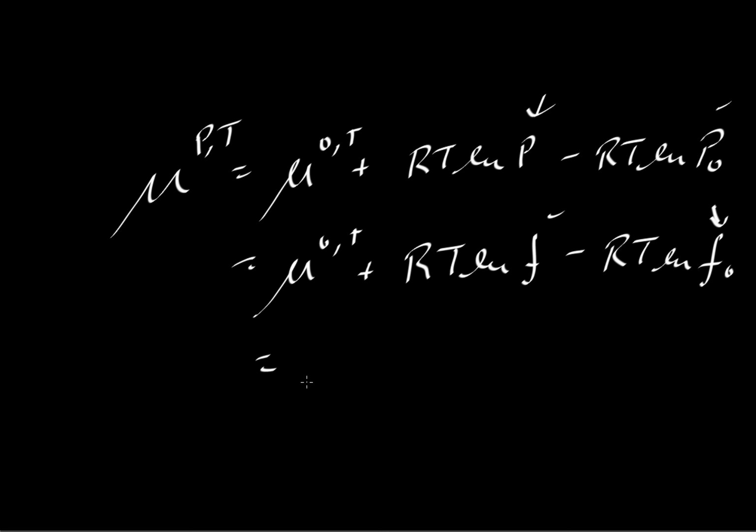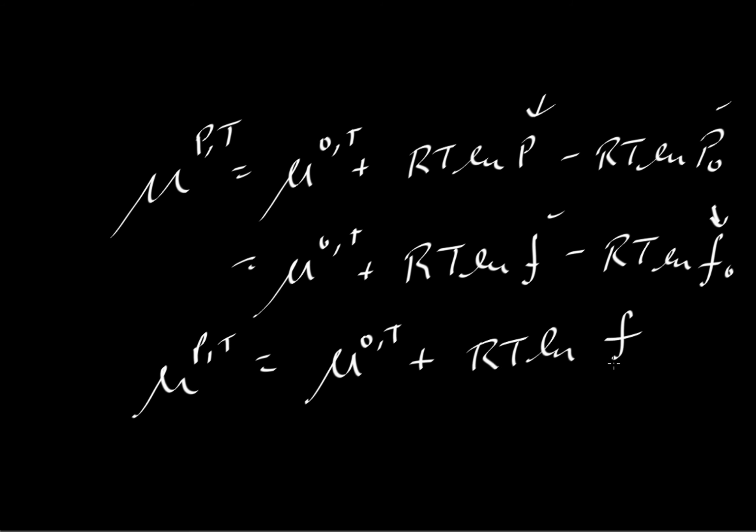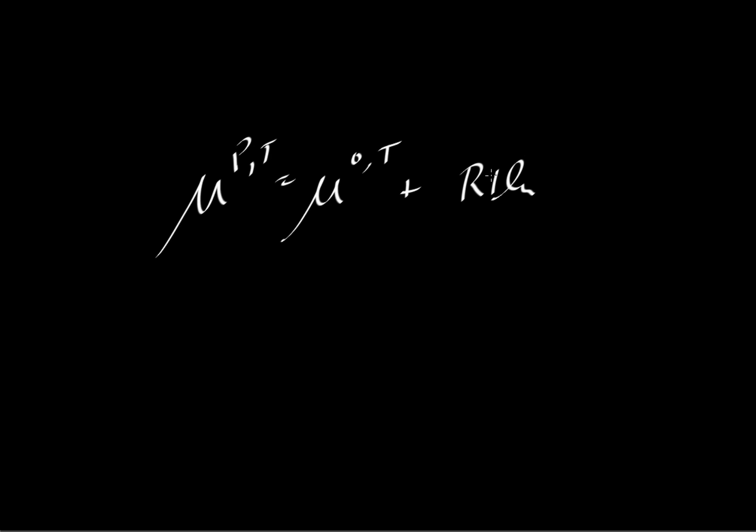Let's go back and combine those terms. So we can have mu at P and T, and that's equal to mu naught at temperature plus RT ln F over F naught, where F naught is referring to the fugacity at some standard state. Let's just call all of this equal to A. So the chemical potential at pressure and temperature is the chemical potential at temperature plus, oh, we forgot the T, RT ln A, where A is the activity.